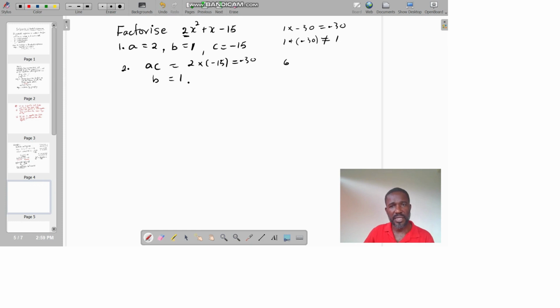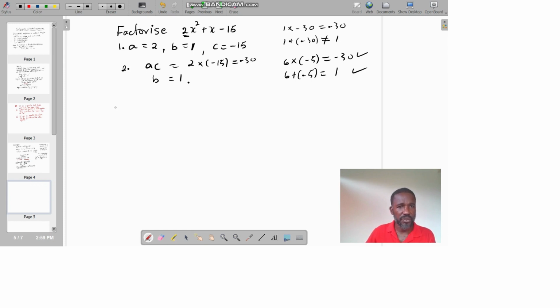So let's try. 6 times negative 5 is equal to negative 30, and 6 plus negative 5 is equal to positive 1. Hence, those two conditions are satisfied, and so those are the factors that we are looking for.